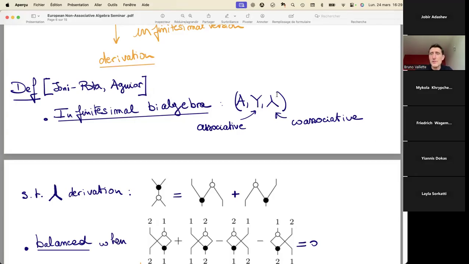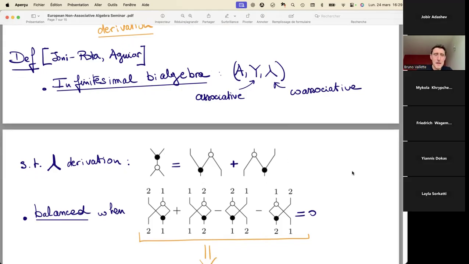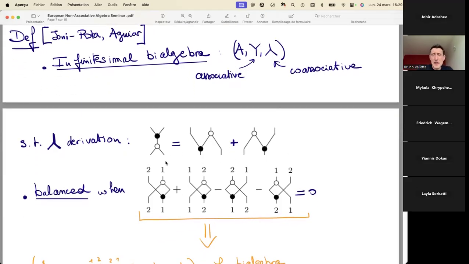So the definition is what? You take an associative product and a co-associative coproduct. Like I said, you want the coproduct to be a derivation with respect to the product. But then there is an extra condition you can put or not. So this is what is called an infinitesimal bialgebra, infinitesimal for this reason.